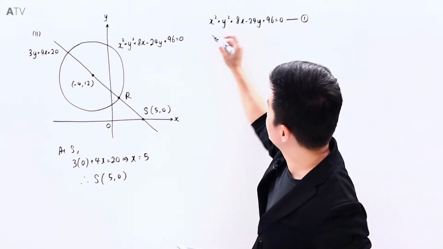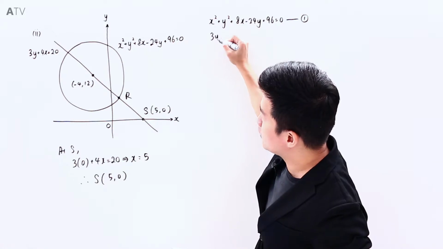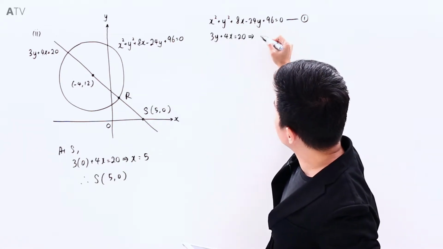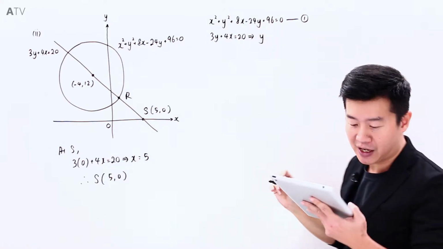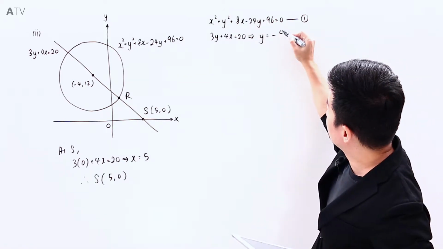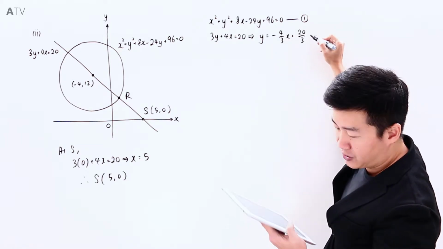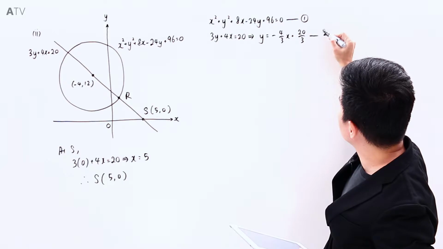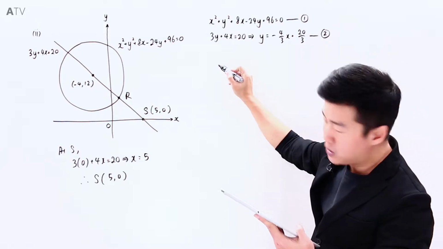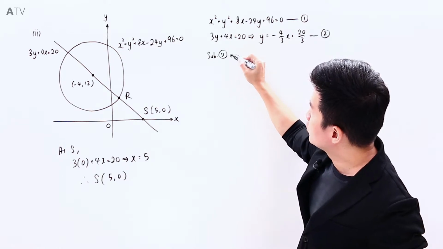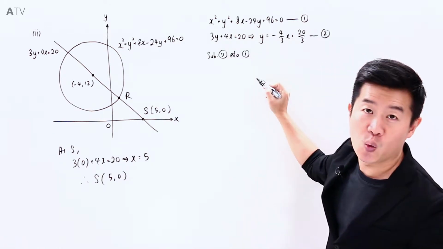As for equation number 2, we have 3y plus 4x is equal to 20, which I'm going to make y the subject, and that will give me y equals minus 4 over 3 x plus 20 over 3. This is going to be equation number 2. So what we'll do is sub equation number 2 into equation number 1.